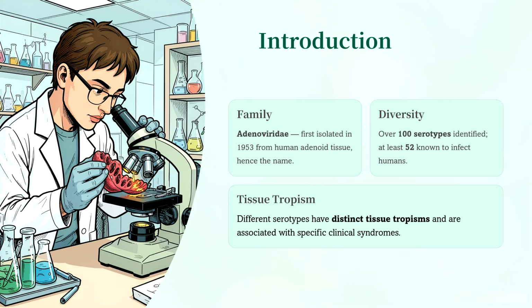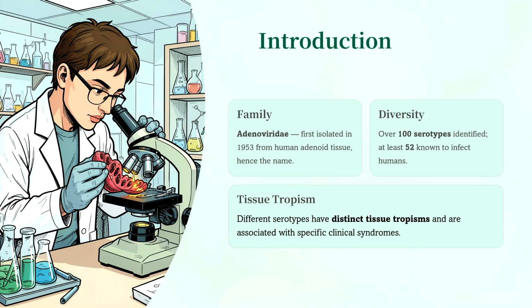Different serotypes of these adenoviruses have tissue tropism and are associated with specific clinical syndromes. The adenoviruses infect a wide range of vertebrates, including humans, mammals, birds, reptiles, amphibians, and even fishes.